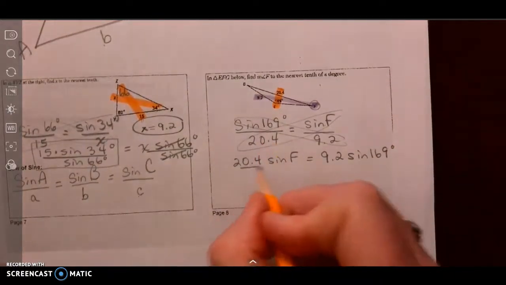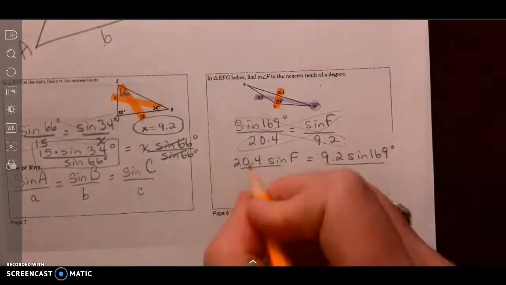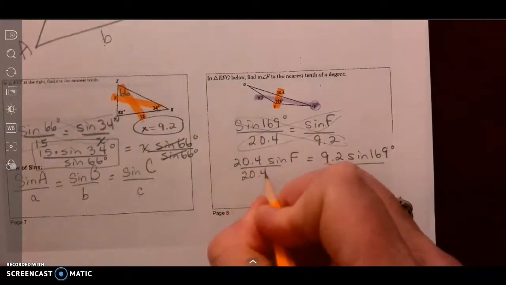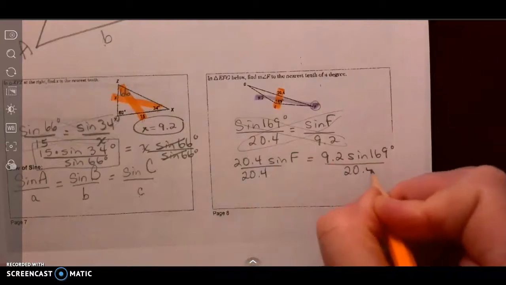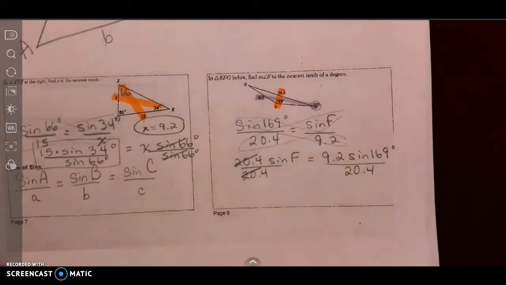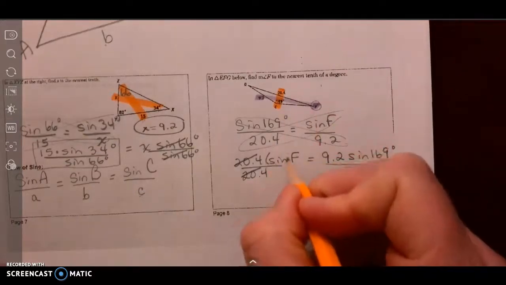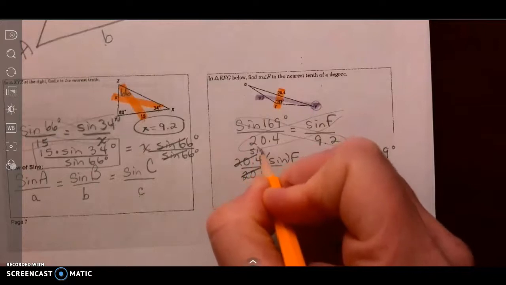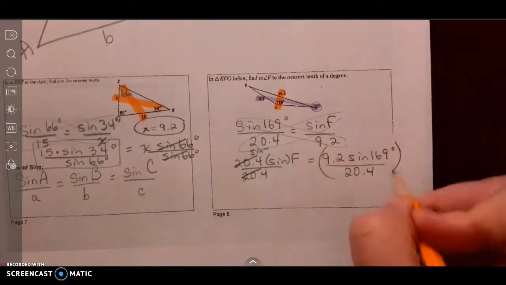I'm going to divide both sides by 20.4, because I'm trying to find F. And then the last thing that I need to do, because I'm trying to find F, I need to get rid of sine, so I'm going to have to take the inverse sine of this.